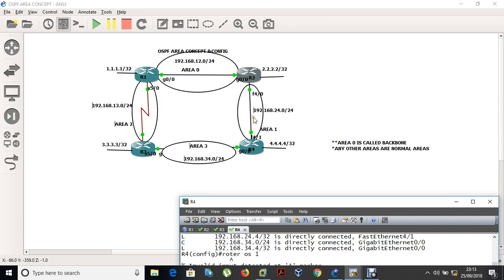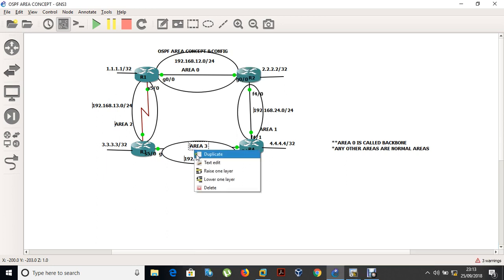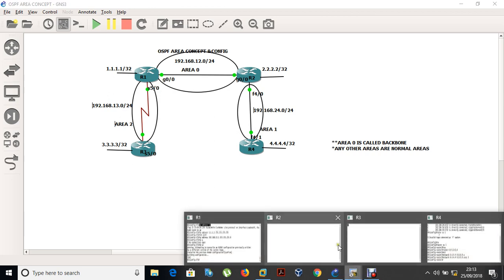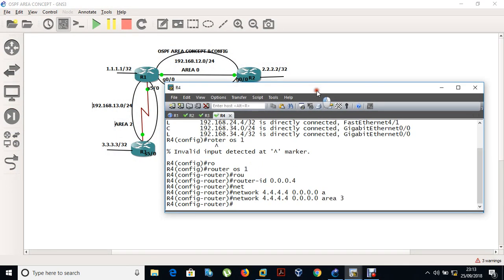So this will have reachability of OSPF area 0. This will have reachability. So let me just take it out for now, so you don't have to confuse it. I'll take it off, so you will not have a confusion here.